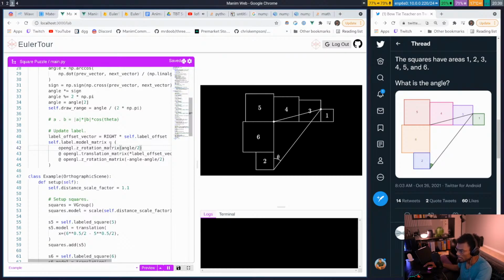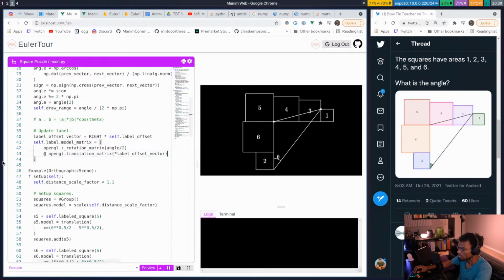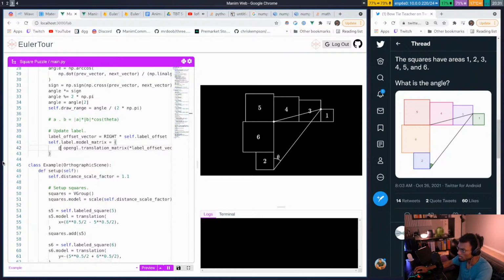I'm going to try starting this from scratch again. Let me just try positioning it first. And if I do that, I should be able to handle the rotation separately. So here, it's currently rotated by the previous angle, because the entire shape is rotated by that much.